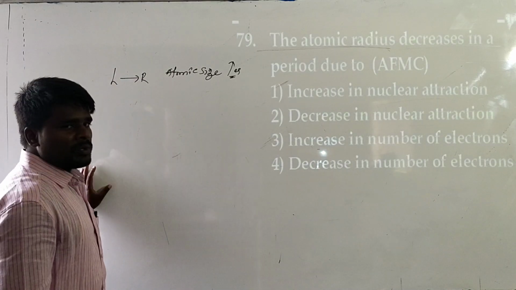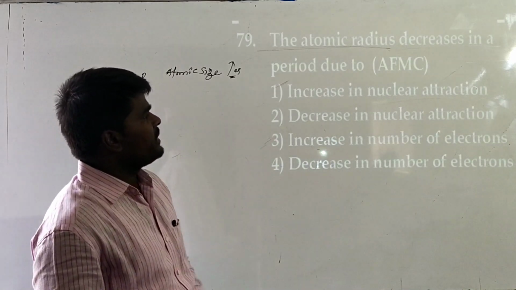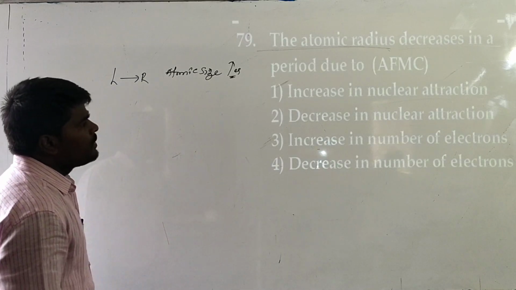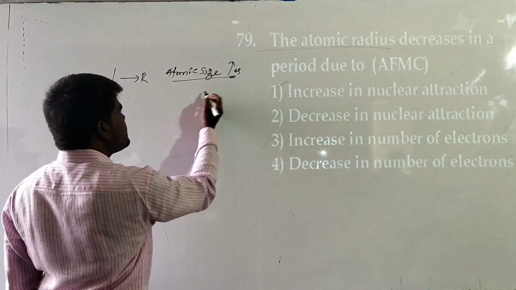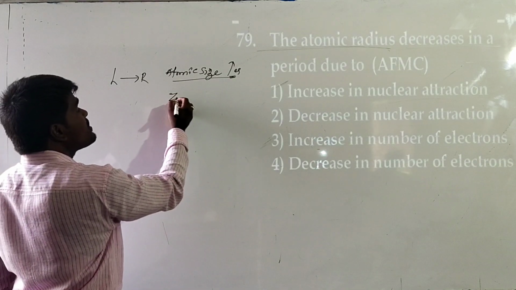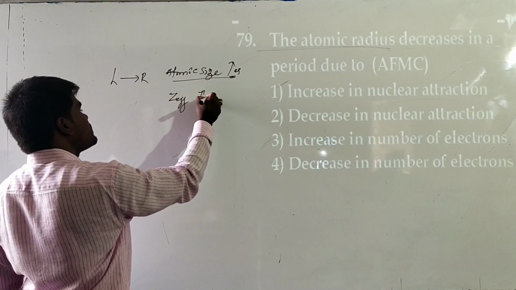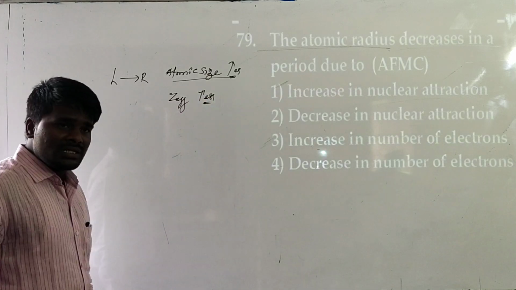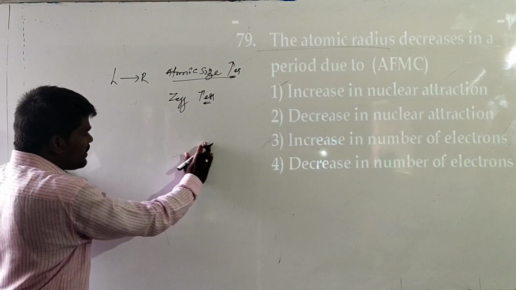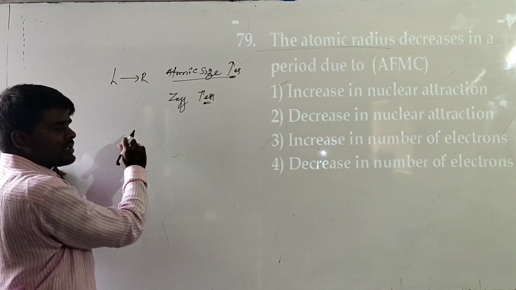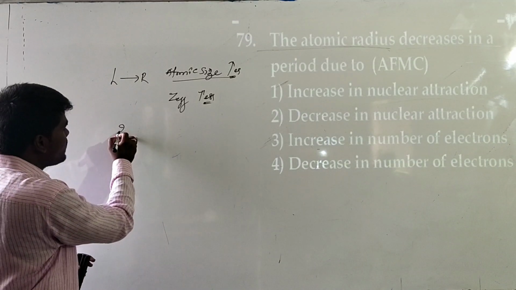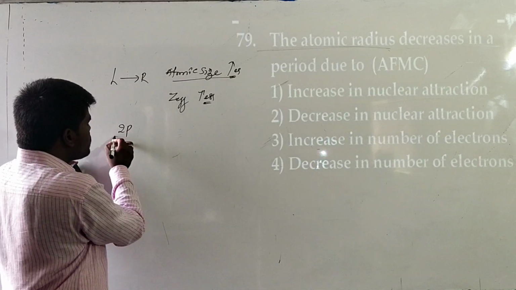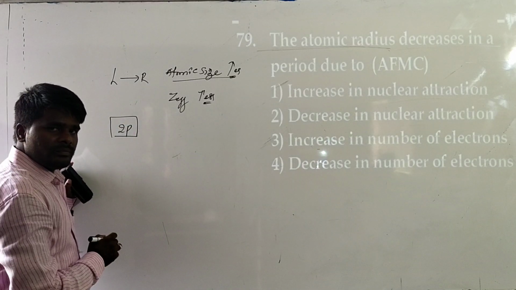In the periodic properties, while studying atomic radius, we have discussed this particular point. When you are moving left to right in a period, what happens? Atomic size decreases due to what? Effective nuclear charge increases. Why does effective nuclear charge increase? When you are moving left to right in a period, all the electrons enter into the same orbit. Same orbit. If you are talking about the second period, the differentiating electron enters into the second shell only.